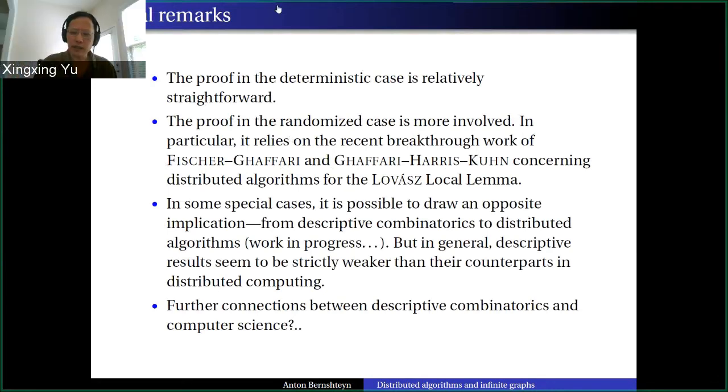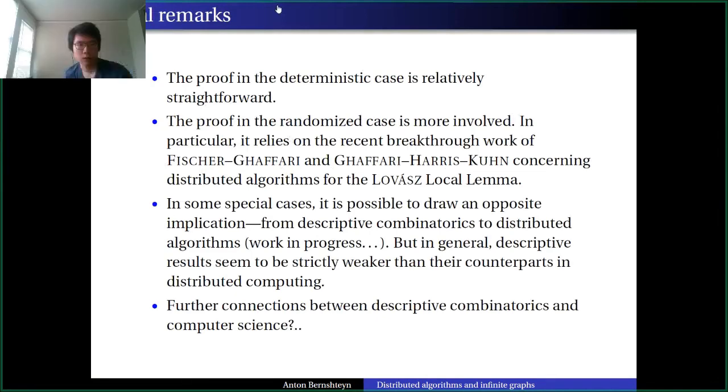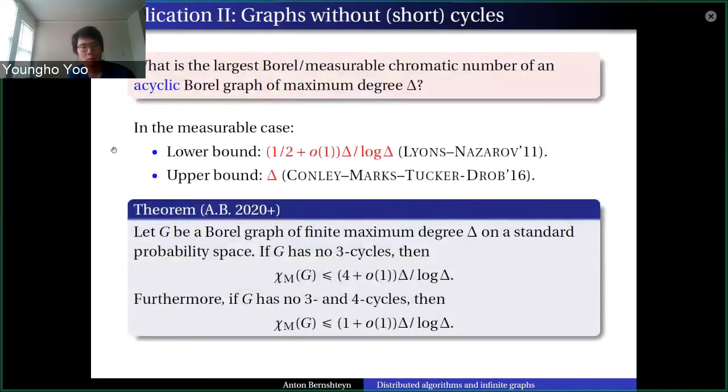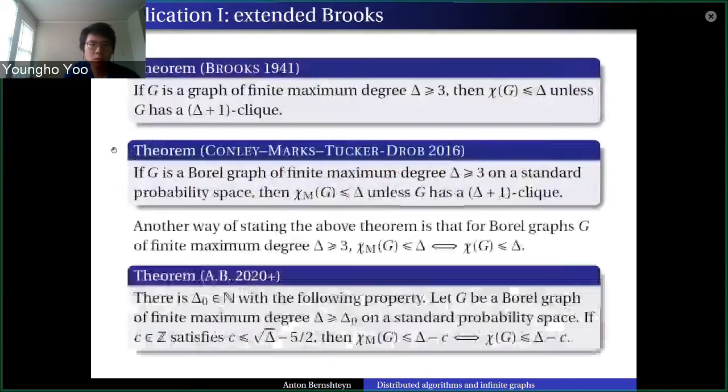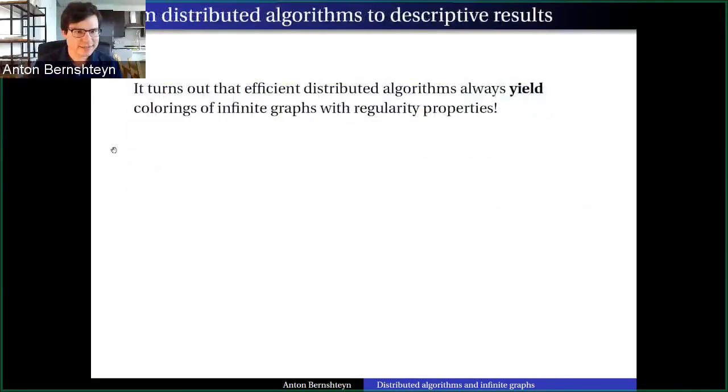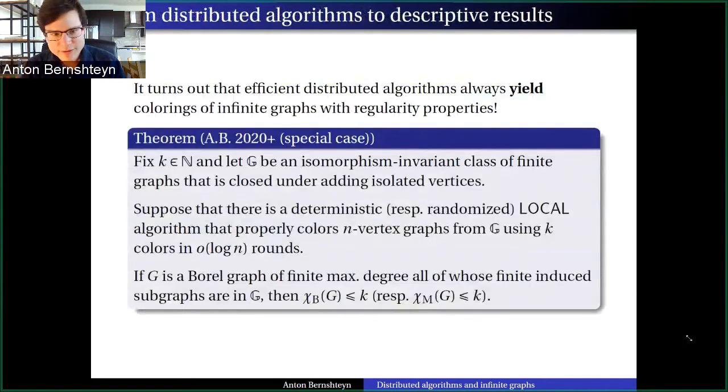All right. Any questions from the audience? So you stated just a special case of your theorem, right? What is the more general statement? Yeah, let me go there. So there are several things that you can generalize in this statement.